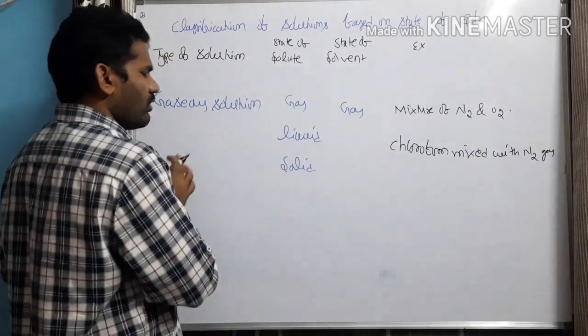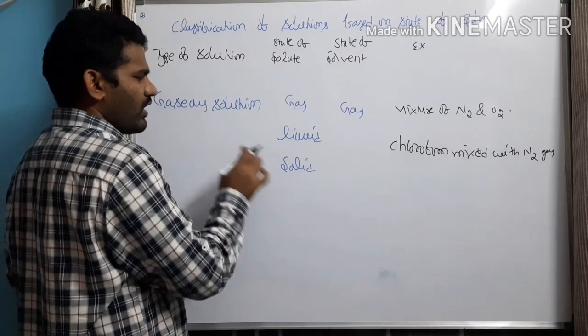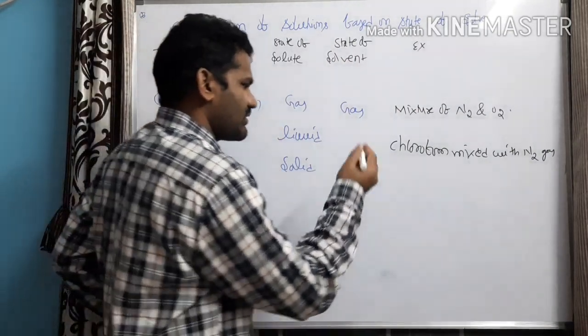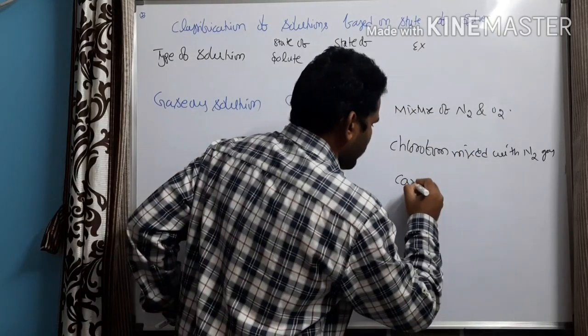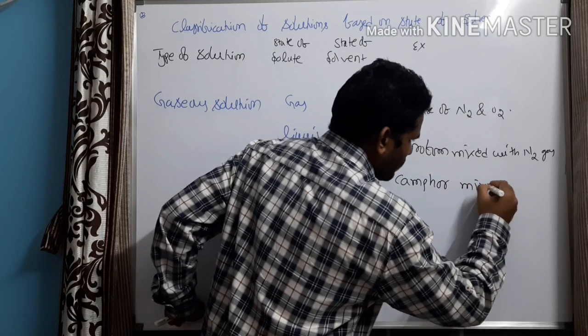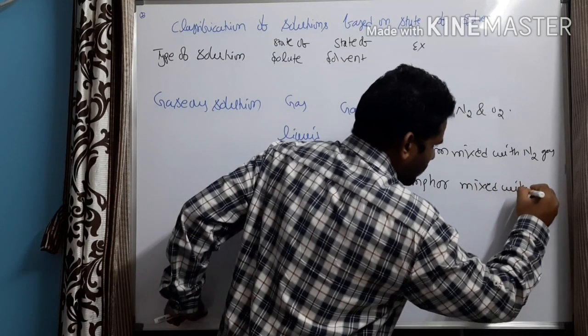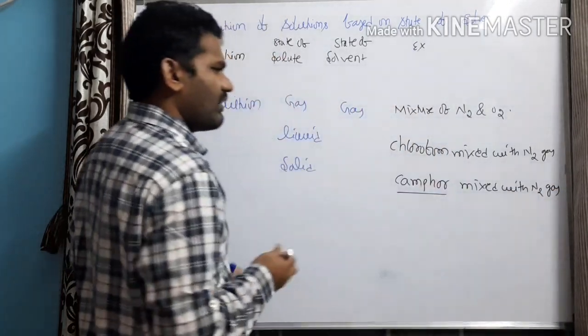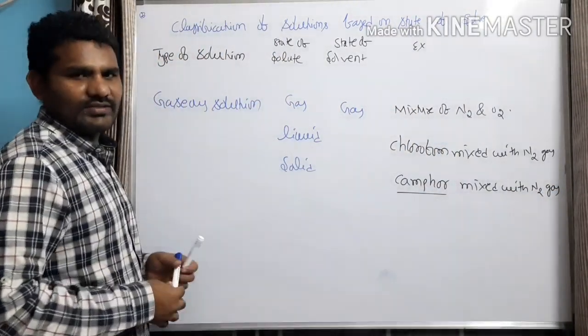Then we are going to consider the example for gaseous solution where the solute is present in solid state and solvent is present in gaseous state. Example is camphor mixed with nitrogen gas. Here the camphor is present in solid state whereas nitrogen is present in gaseous state.